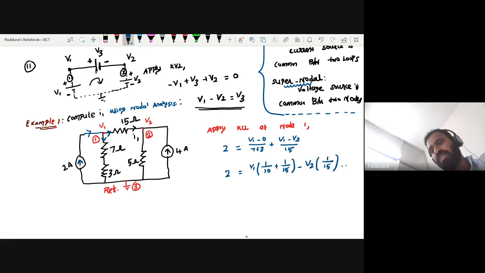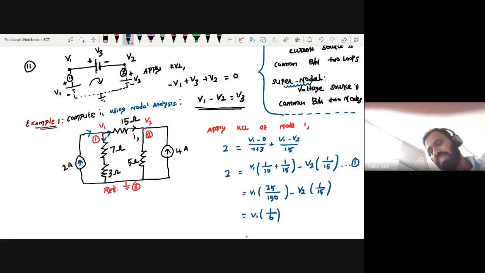Taking the LCM, V1 into 15 plus 10 is 25 over 150, minus V2 into 1 by 15. So it becomes V1 into 1 by 6 minus V2 into 1 by 15. This is actually equation number 1, after simplification.